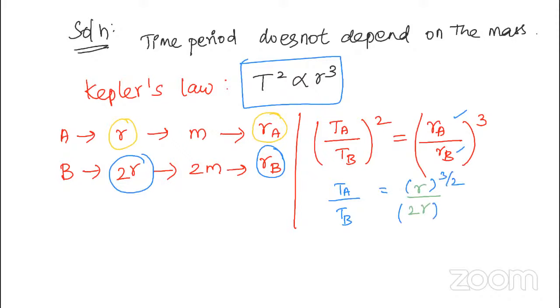The square should be reversed now, it is 1 by 2. So readily I can write the formulation: r power 3 by 2 divided by 2 power 3 by 2 into r power 3 by 2. The square here has been converted into 3 by 2.